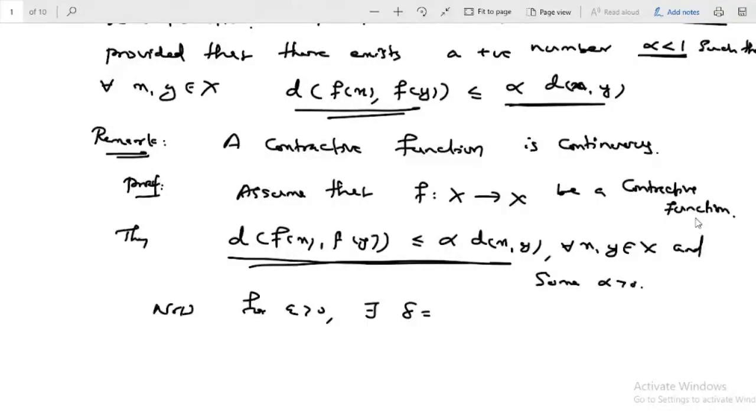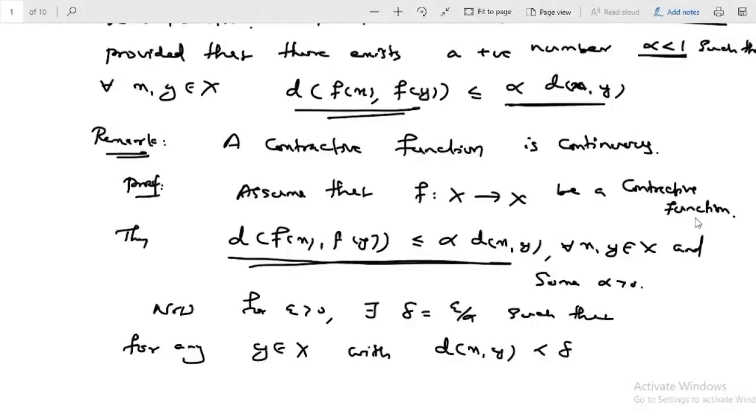Then the right side is alpha into d of x, y, therefore you can take delta as epsilon by alpha, which is greater than 0, such that for any y belongs to X with the distance between x and y less than delta, then d of f of x, f of y is less than or equal to alpha into d of x, y, and d of x, y less than delta, therefore it is strictly less than alpha into delta, which is epsilon by alpha. So d of f of x, f of y is less than epsilon.